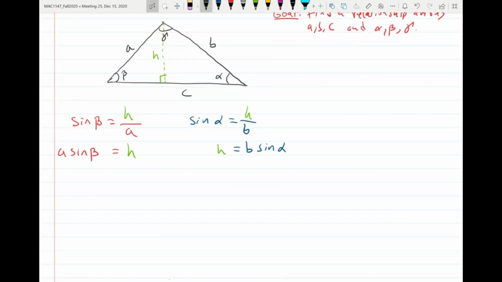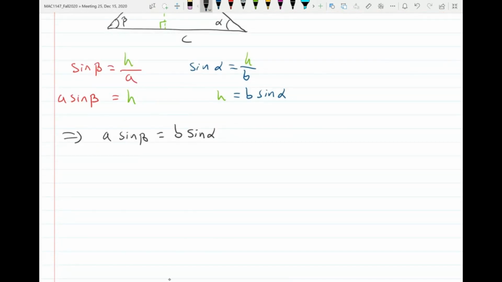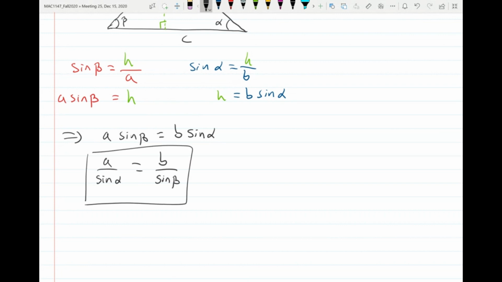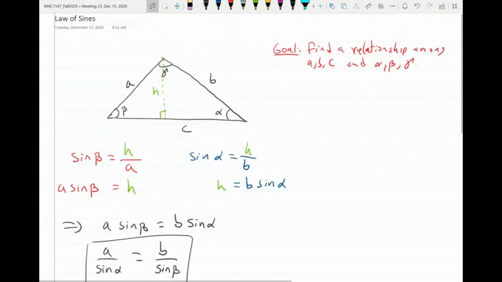Because H is the same, it follows that A sine of beta equals B sine of alpha. Or another way of saying this is that A over sine of alpha is the same thing as B over sine of beta. So we get this relationship: A over the sine of the angle that opposes A is the same thing as B over the sine of the angle that opposes B.